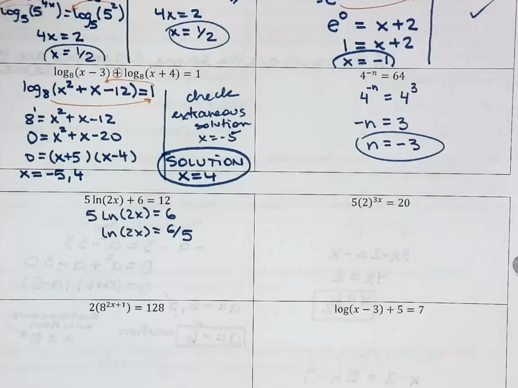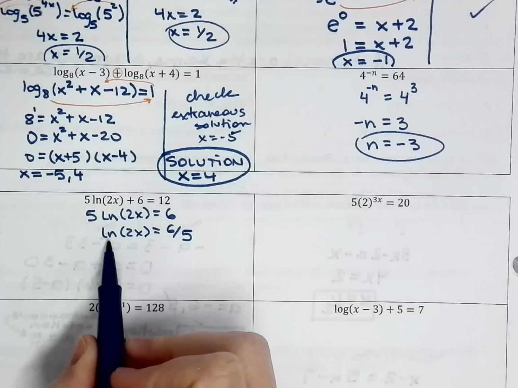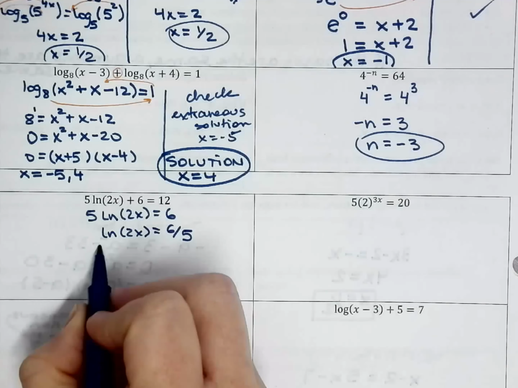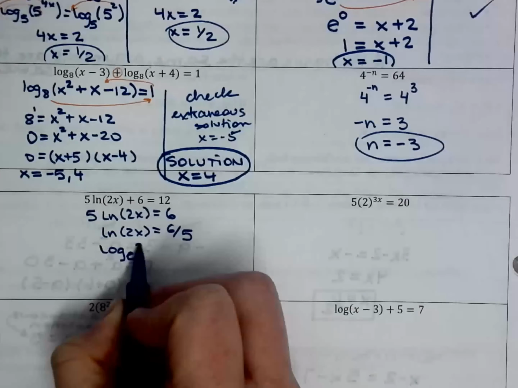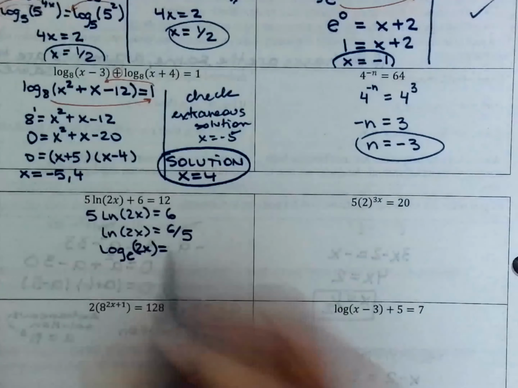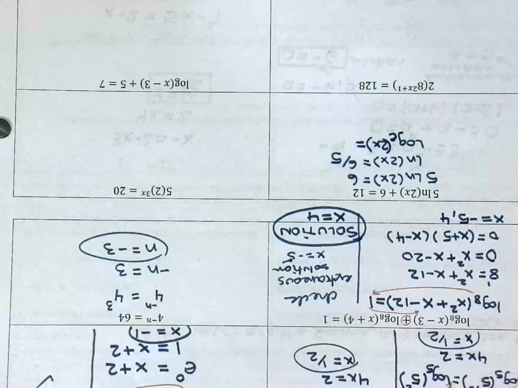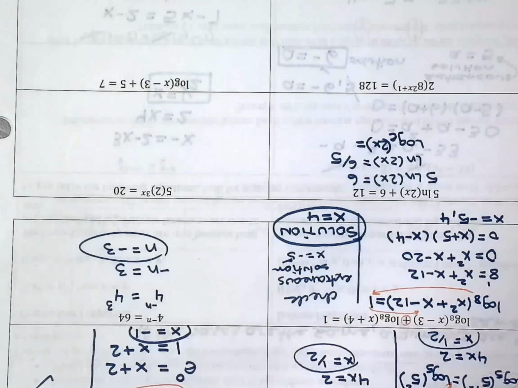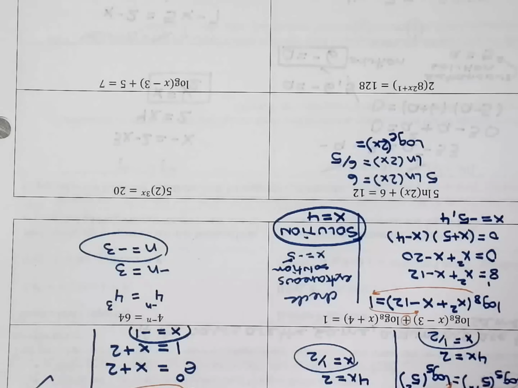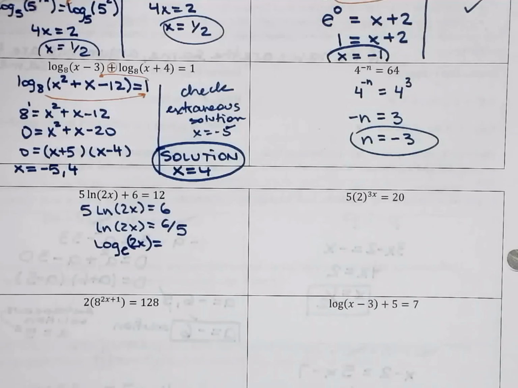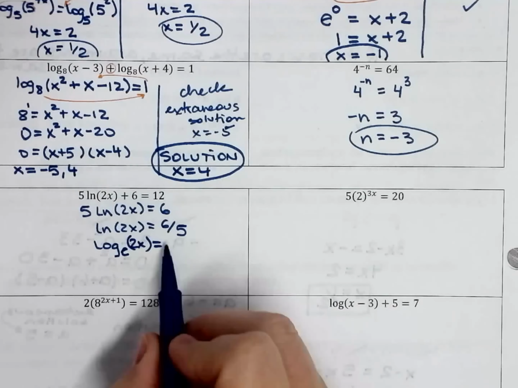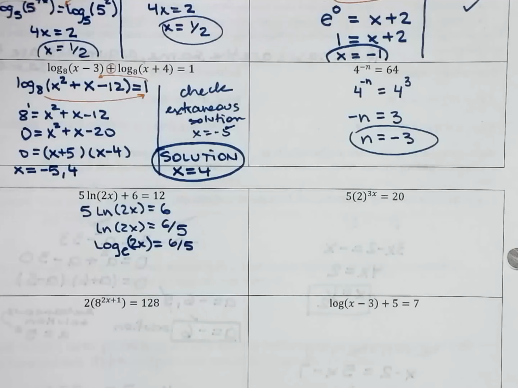That's when I can go ahead and rewrite this in exponential form. I also know the natural log is the same thing as log base e. So log base e of 2x is 6 over 5.